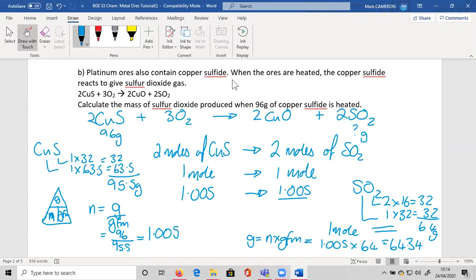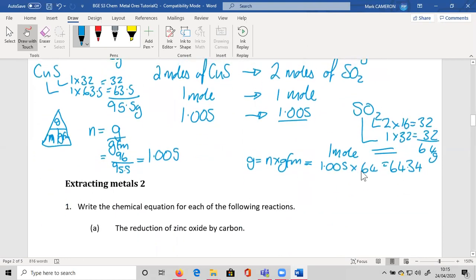Now if you look, the numbers used here are integer numbers, so there's no decimal place, so your answer really should be the same. So we would round down, and our answer is actually just going to be 64.